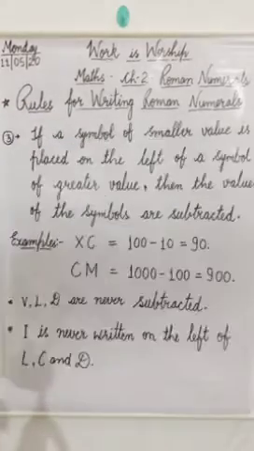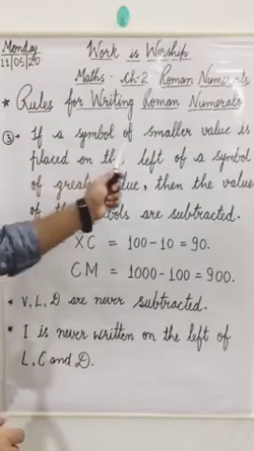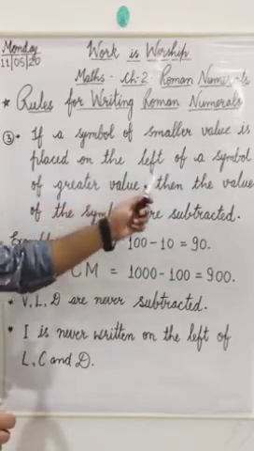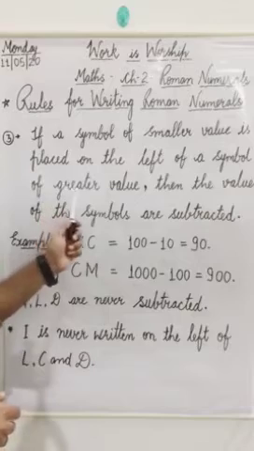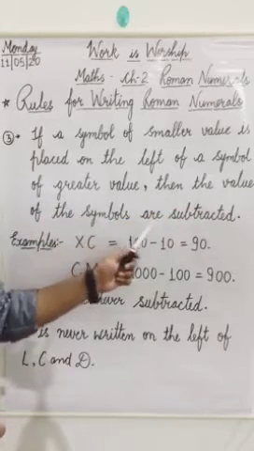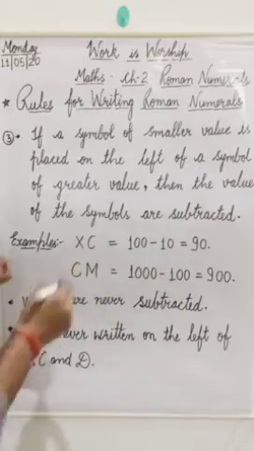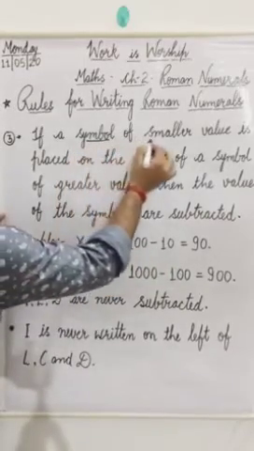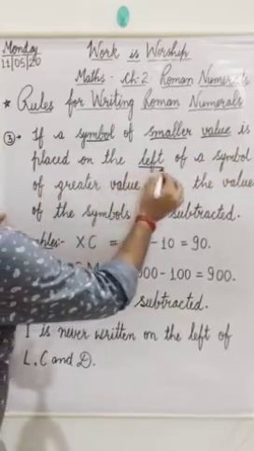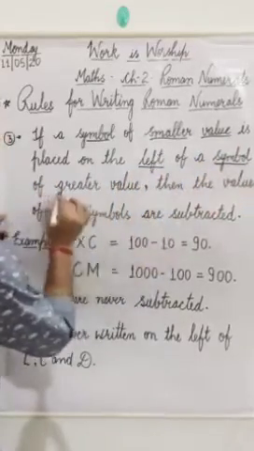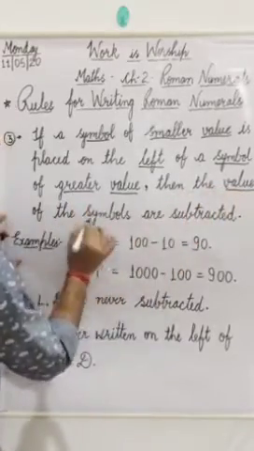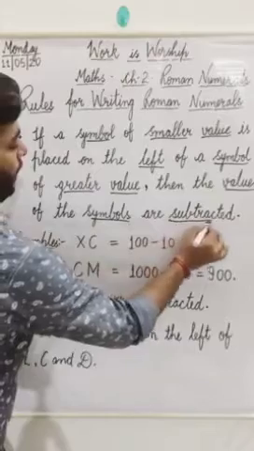Okay? This is rule number three. If a symbol of a smaller value is placed on the left of a symbol of greater value, then the values of the symbols are subtracted.